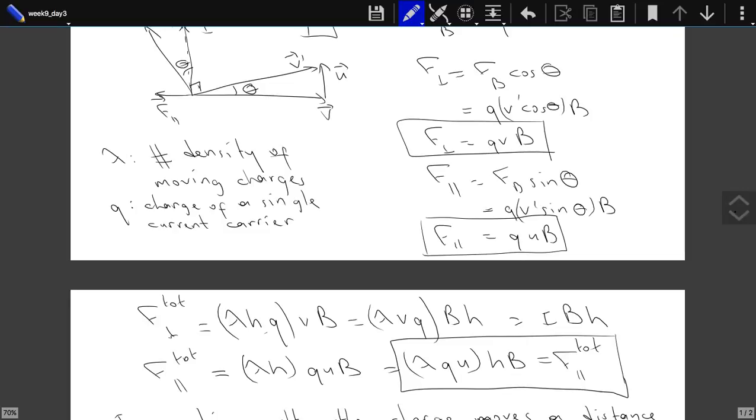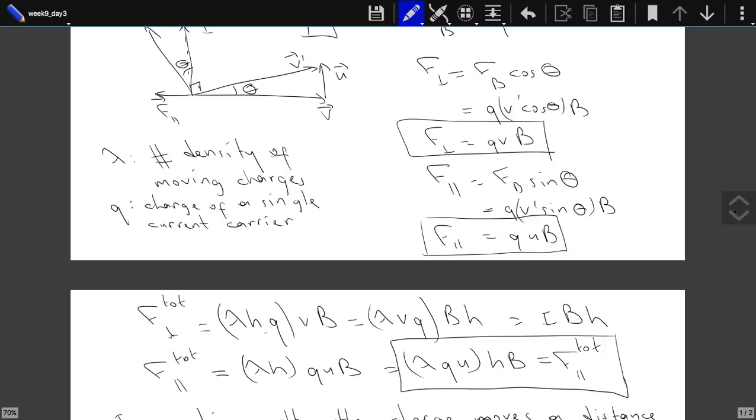This is the force, the parallel component of the force acting on one of the charges. But we have many charges. The total charges we have is lambda times H, because lambda is the number of current carriers we have per unit length. We have a length of H of them. So lambda H is the total number of current carriers. Each one has a charge Q. So this is the total charge of the current carriers.